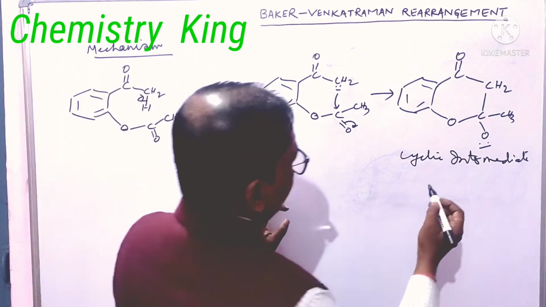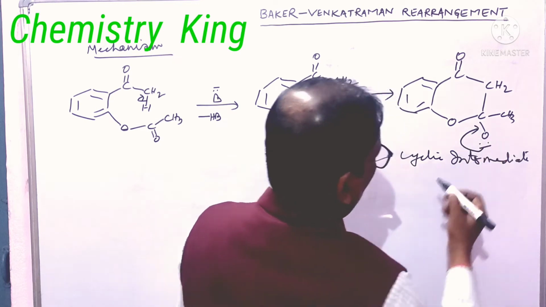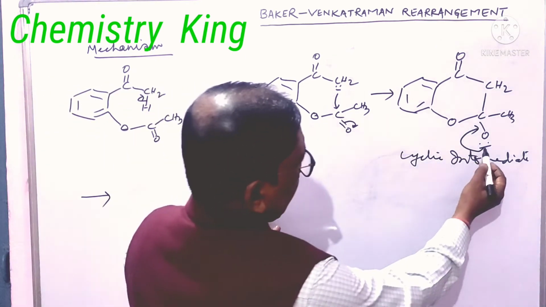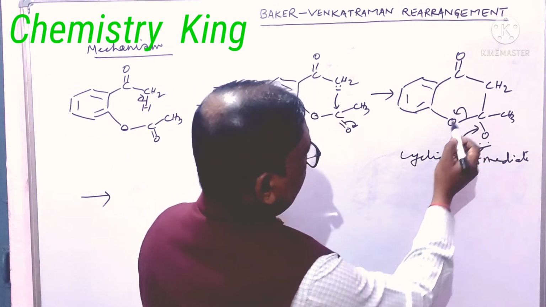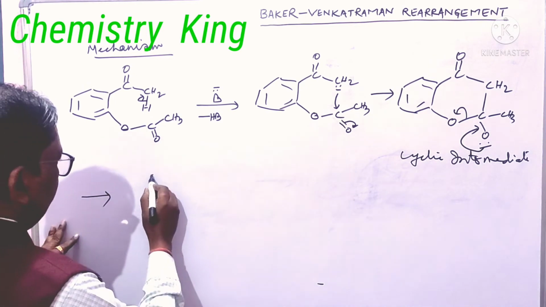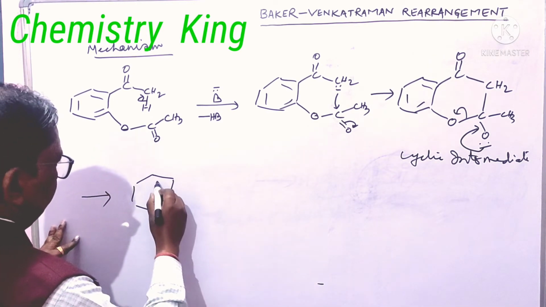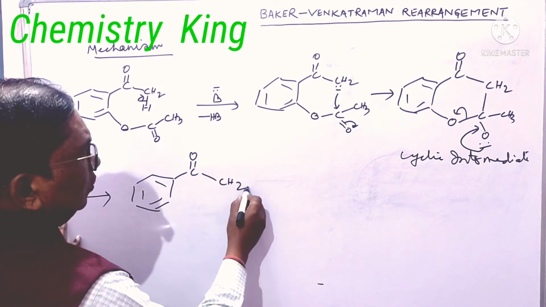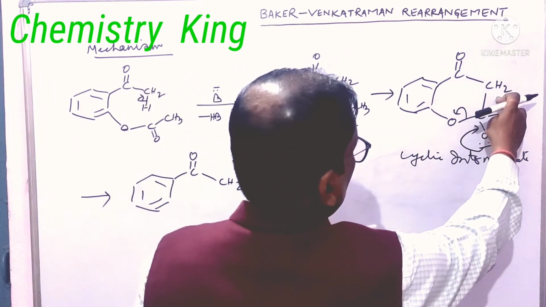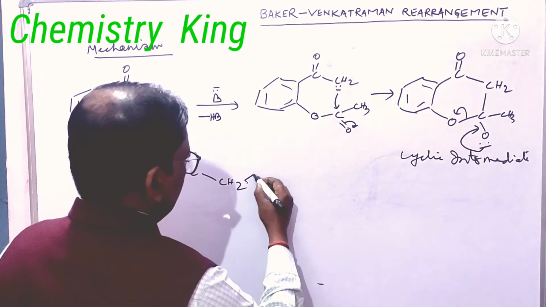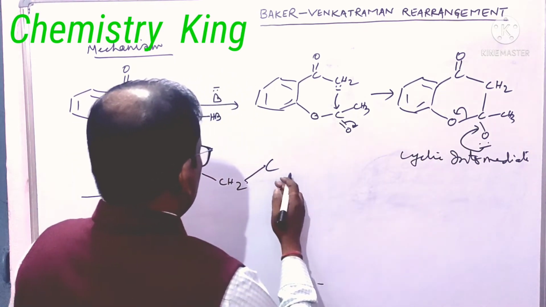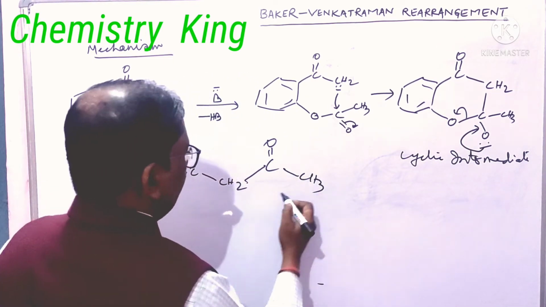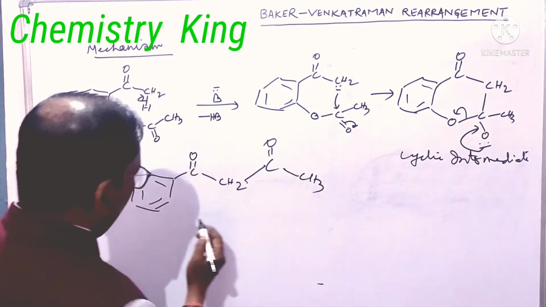Now what will happen? It is the opening of the ring. Third step is the opening of the ring. It will come here, then it will come here. Then you will get this: C double bond O, CH2, CH2, then this carbon, and this is double bond O, and this is CH3. And here it is O minus.